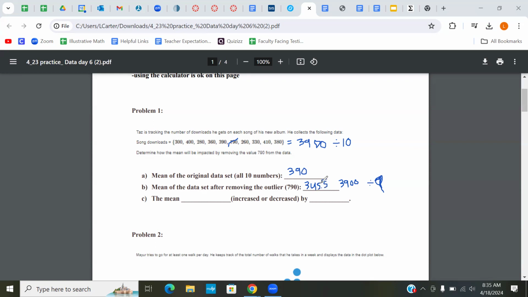Now, I would recommend that you do that division. I did say you could use a calculator on this page, just make sure you know how to get that answer by hand in case there's separate problems asked like that. So in this case, the mean decreased. Okay, so it decreased by 44.4 repeating.